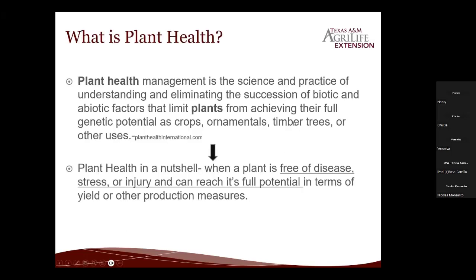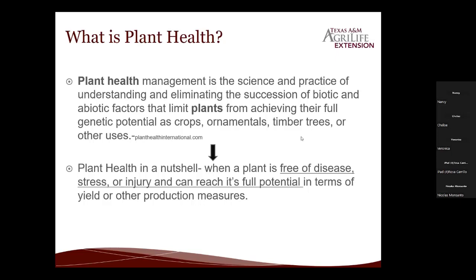All right. So what exactly is plant health? It's kind of like a buzzword nowadays within agriculture and plant sciences in general. There are a lot of different definitions, but in a nutshell, it's when a plant is free of disease, stress, or injury and can reach its full potential in terms of yield or other production measures. That might be pounds of cotton per acre, or bushels of corn per acre.